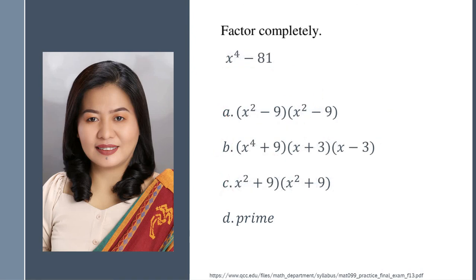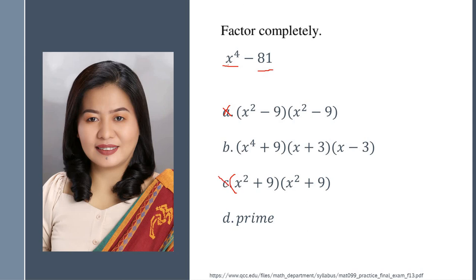Okay, the same process this time. We have a perfect square term. X to the fourth is a perfect square because the exponent is even, and 81 is also a perfect square term. And yes, it will give us a plus and a minus. So it's not A because this will give us a trinomial answer.